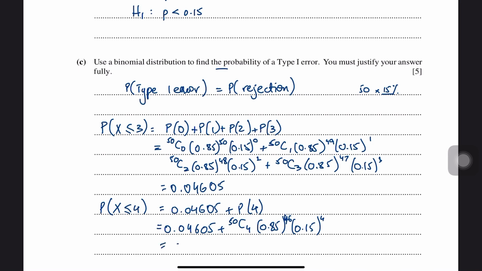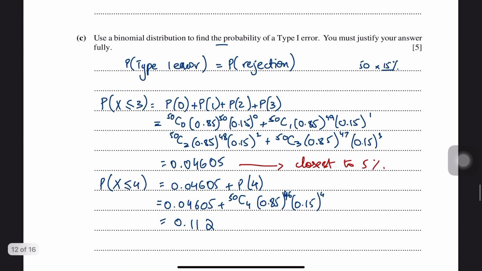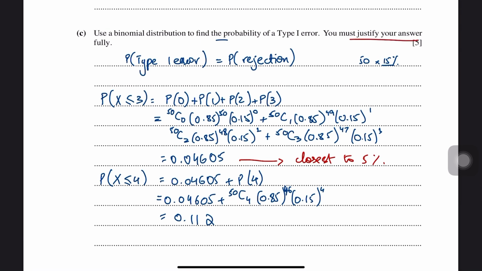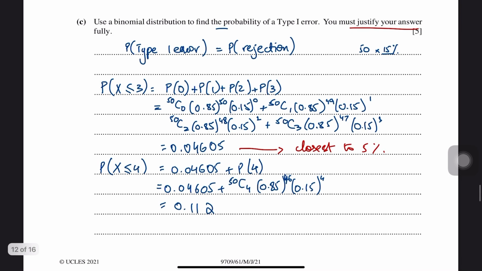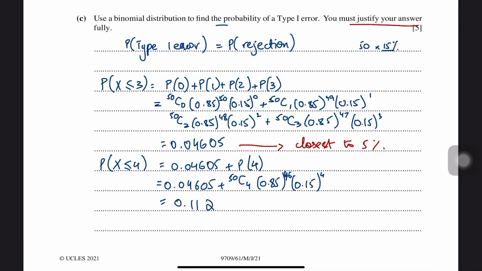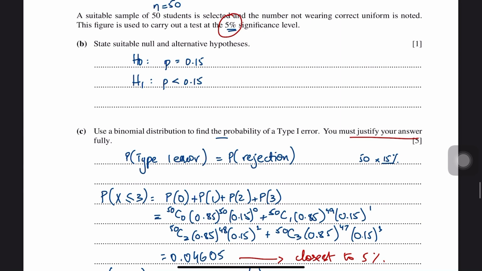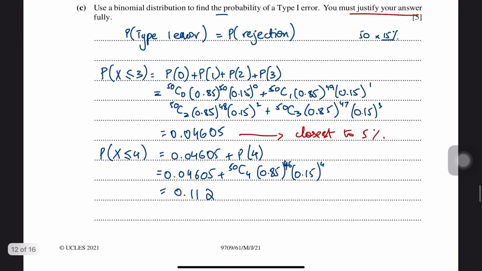This is 0.112. Okay, so my rejection region is this, since closest to 5%. And since I've offered you justification in the terms of trial and error, so that is absolutely fine. This 3 was just a hunch. I could have gone above or below, that depends on what you want to do, but take a reasonable number and depends on what you want your rejection significance level to be.